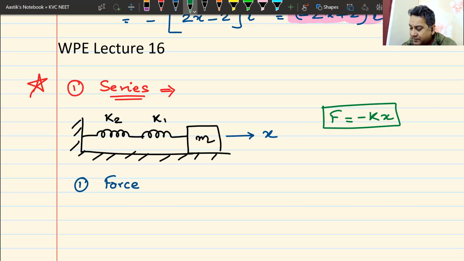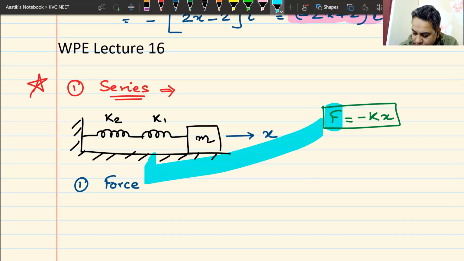There are two things that we remember when we talk about springs. The first thing is this force F, and the second thing is this displacement x. Because K is the spring constant, and K is normally a constant. If the spring is the same, the spring constant remains the same. So we are worried about two things when talking about springs.